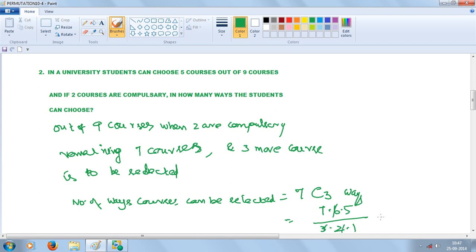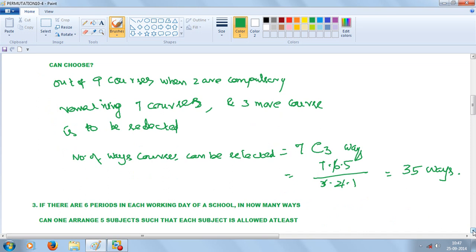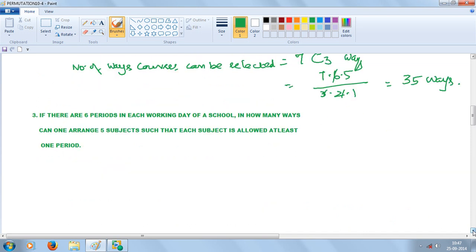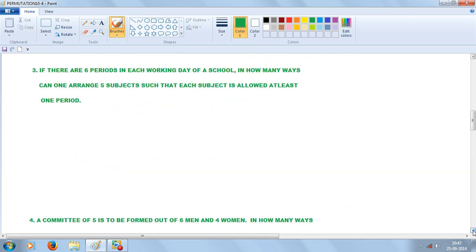Cancelling common factors, it is 35 ways. If you see, in combination the number of ways is less because we are grouping the courses. You don't name each and every course or consider the order. This is a combination. So there is a difference between permutation and combination that we have to always remember. If it is a particular order, then it is a permutation.